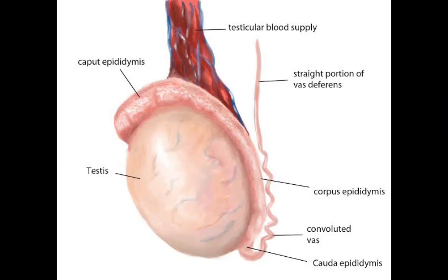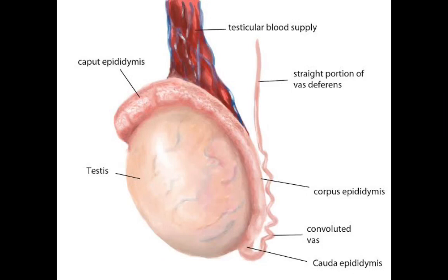Now coming to the lower end, it is connected to the tail of the epididymis by areolar tissue and tunica vaginalis. The anterior border is smooth, convex and free, whereas the posterior border is flat, occupied posterolaterally by the body of epididymis and posteromedially by the vas deferens.